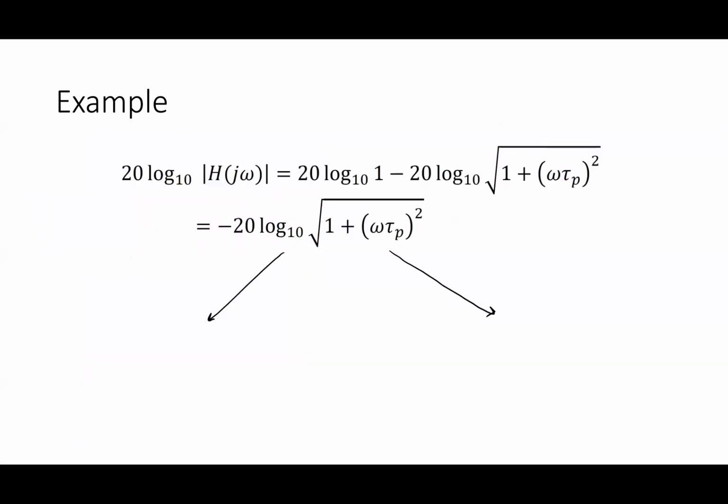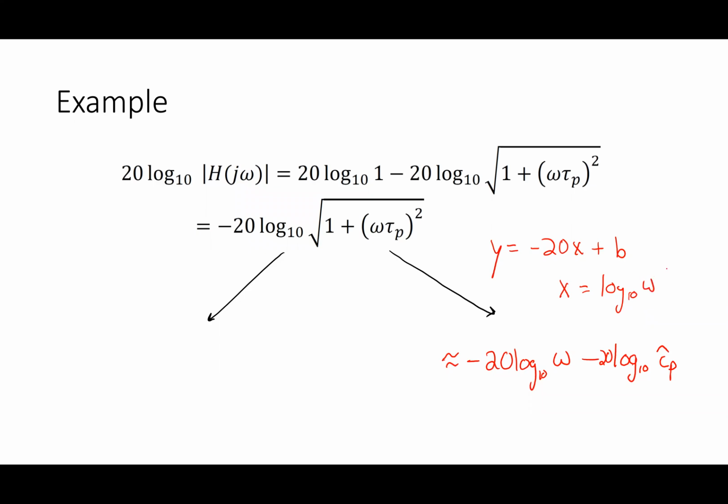Now, for frequencies much, much greater than 1,000, what happens? I said this became approximately negative 20 log 10 of omega minus 20 log 10 of tau p, which is like y equals minus 20x plus b, where x equals log 10 of omega.